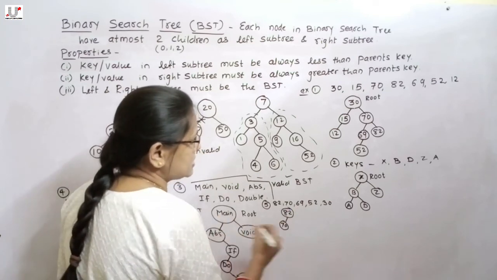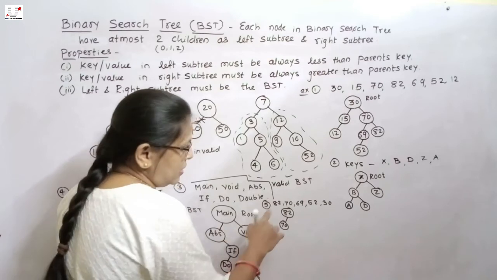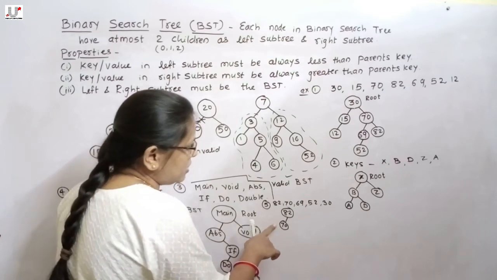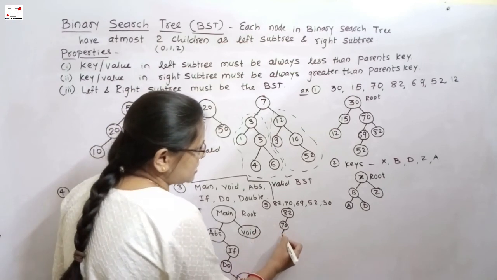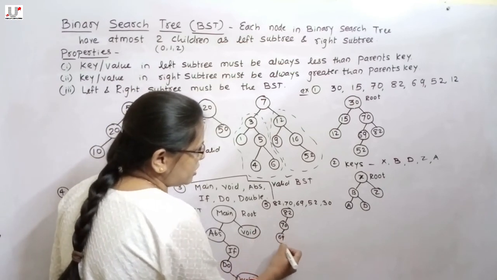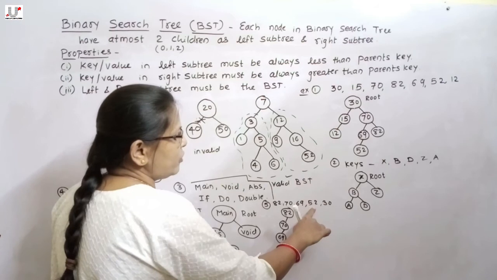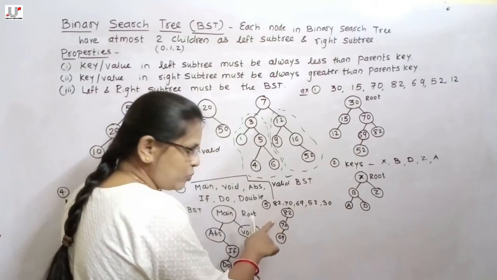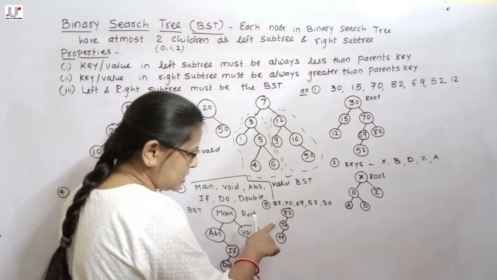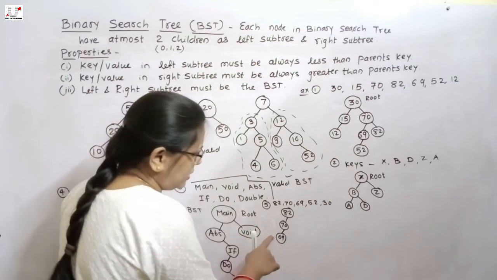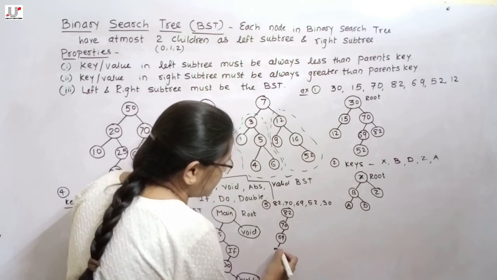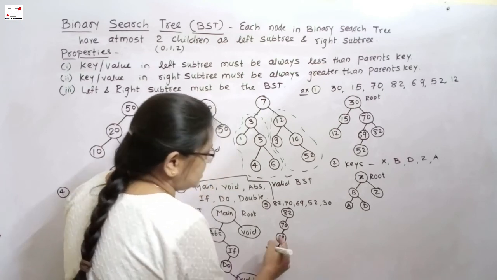Next element is 69. It is smaller than 82, then move to left. It is smaller than 70, so 69 gets added as a left subtree for 70. Then 52, again compare that 52 with 82, it is smaller, so move to left. It is smaller than 70, again move to left. It is smaller than 69, so 52 gets added as a left subtree for 69.